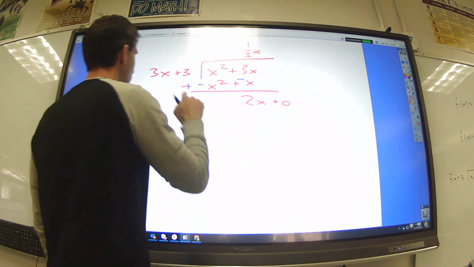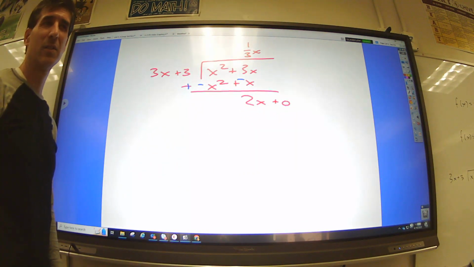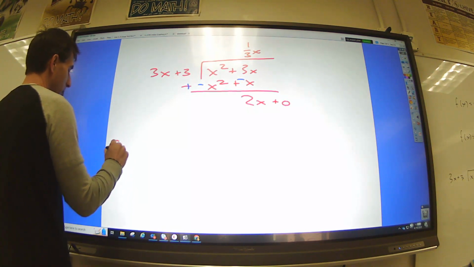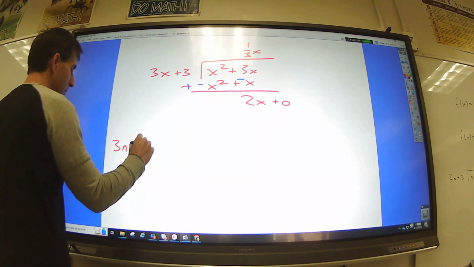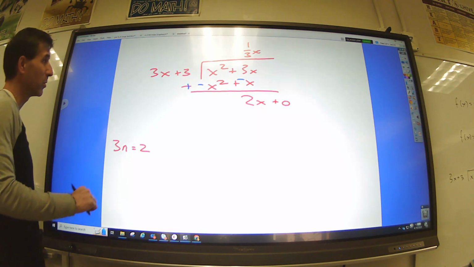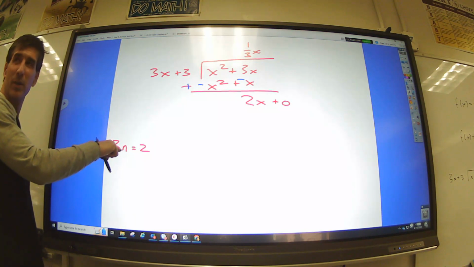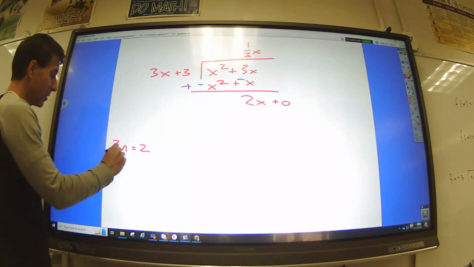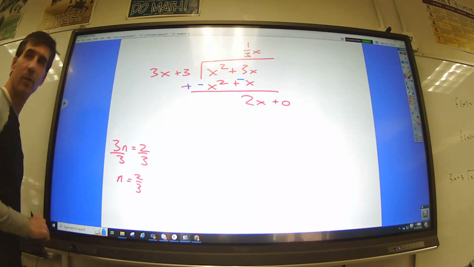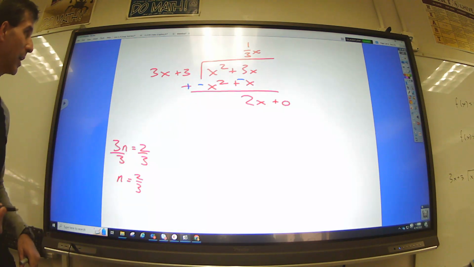Plus 0. What times 3x equals 2x? What number times 3 equals 2? I'll call n my number. How do I solve for n? Divide by 3. It's going to be 2/3. 2/3 times 3 is going to equal 2, because they cancel out.